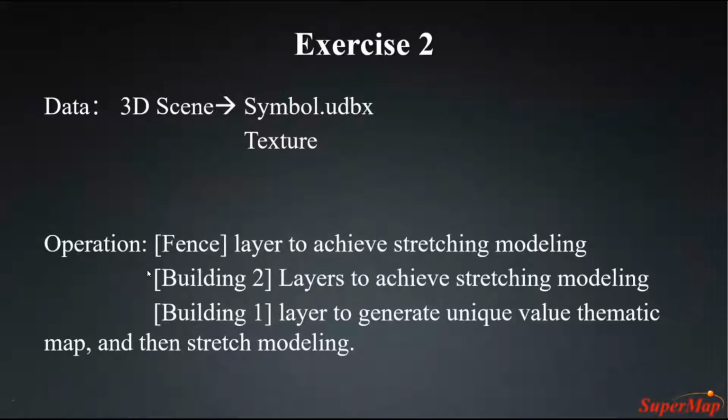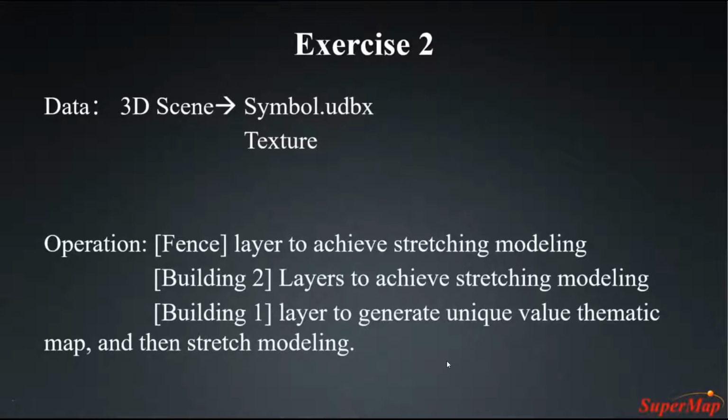And then we will do these three data sets. First is the fence. We could achieve its stretching modeling, and the building 2, and the building 1 too, is the same like the tree, to generate the unique semantic map, and then stretch the modeling.